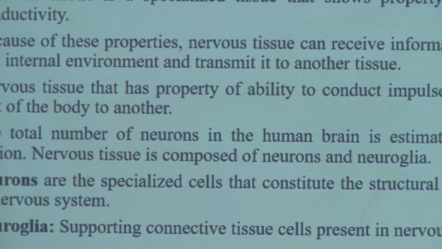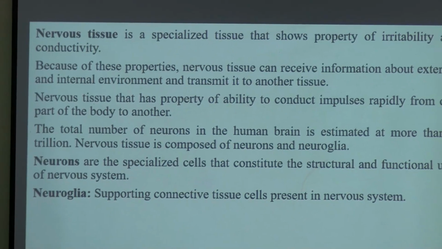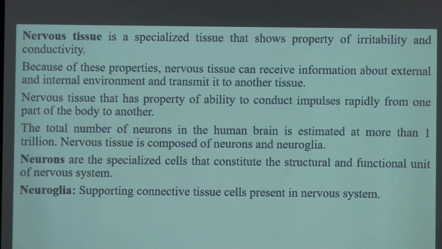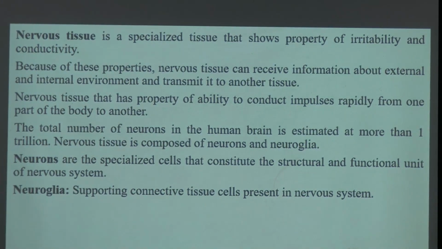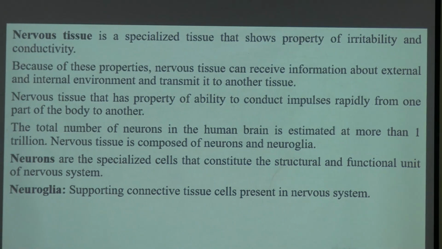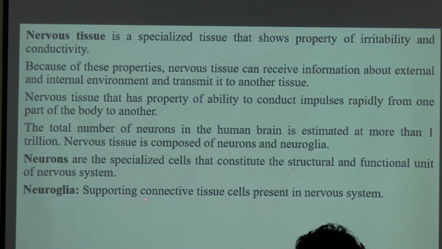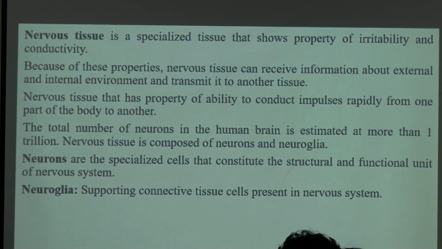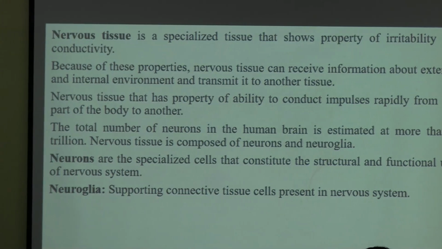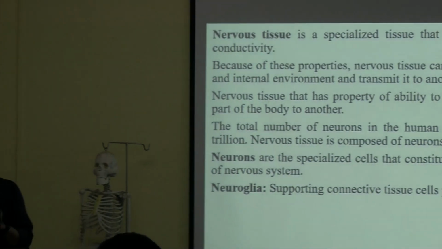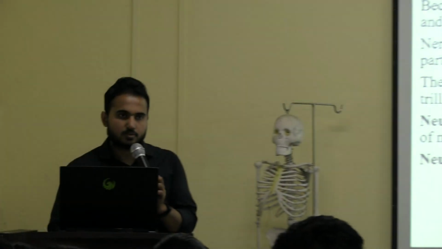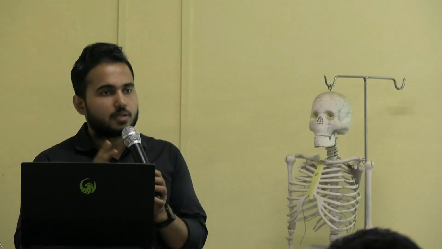You have studied a few things about neurons in 10th-12th standard. Today we'll see the structure of a neuron also. And what are neuroglia? These are the supporting connective tissue cells present around the neurons. Those are the neuroglial cells. So these are the two important cells present in the nervous tissue.